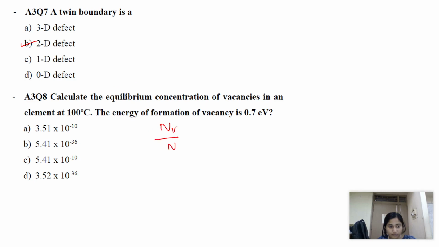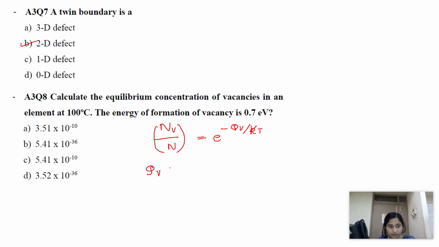Nv divided by N is equal to e to the power minus Qv divided by kT. Let's put the kT. So substitute all the values here. First we will write what the given values are, and please solve it.